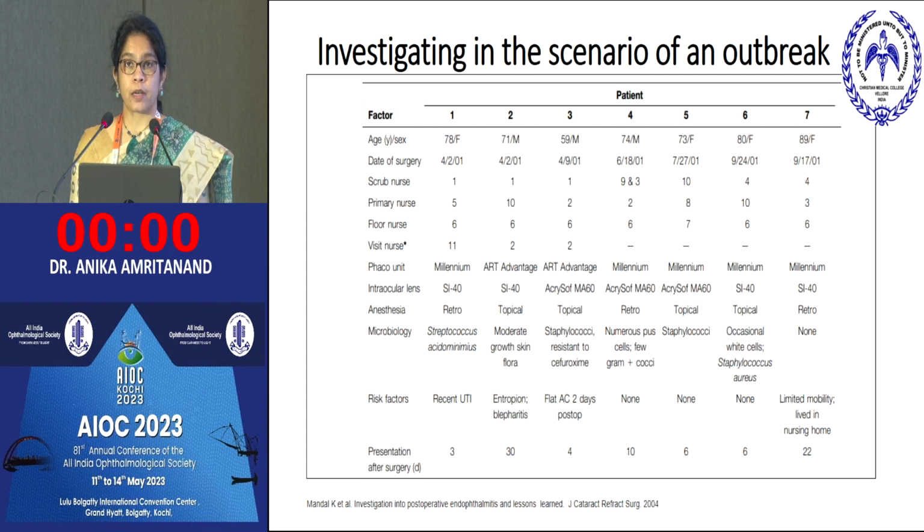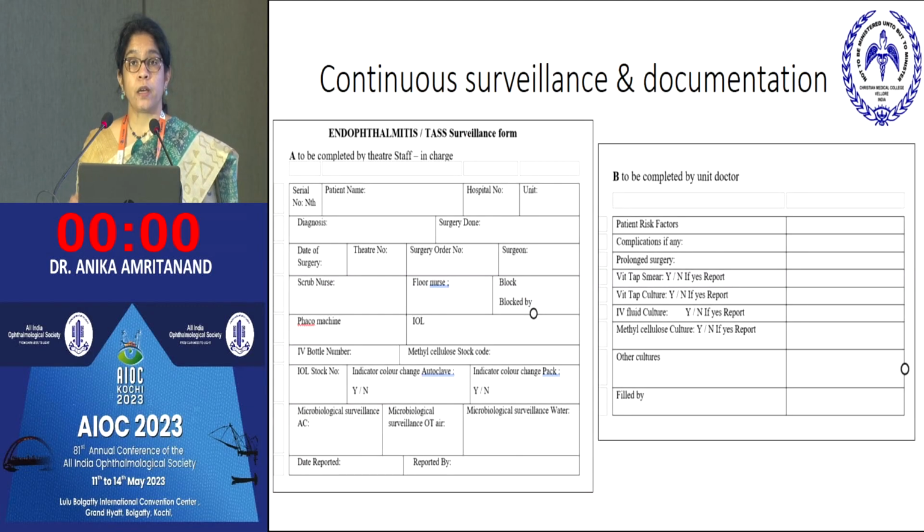So when you have a cluster, you should come up with something like this: information about all your cases. And looking at this, then you will be able to find clusters or find commonalities, which will help you further in the investigation. But for this to occur, there needs to be a continuous surveillance and documentation.